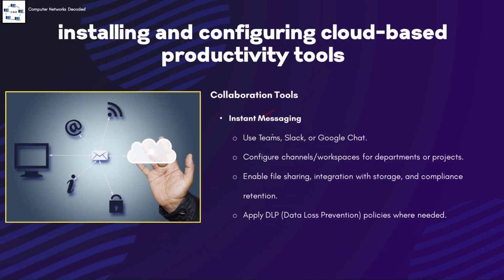Instant messaging: use Teams, Slack, or Google Chat. Configure channels and workspaces for departments or projects. Enable file sharing, integration with storage, and compliance retention. And apply DLP, that is, data loss prevention policies where needed.